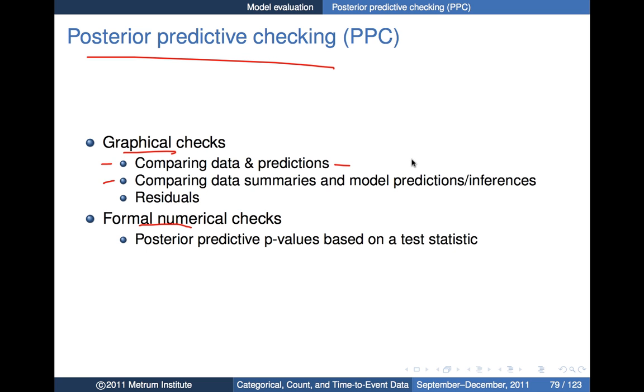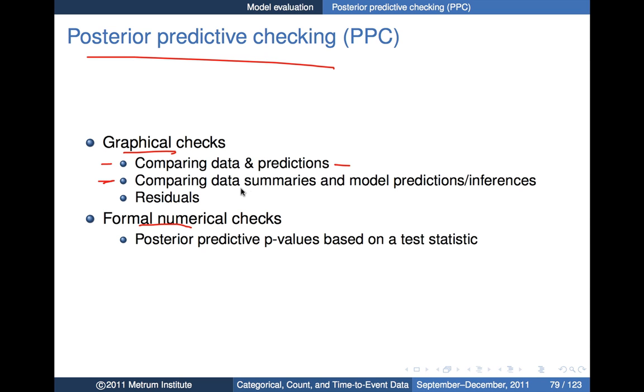So for example, the distinction between these two cases here is, say, for something like a pharmacokinetic modeling problem, would be in the first category here where you're comparing data and predictions. Okay, well, your observed data in that case may be plasma concentrations of parent drug, so that would be your data, and you would also make predictions of those same plasma concentrations and assess how well they compare.